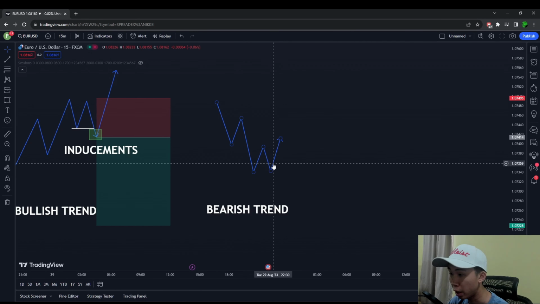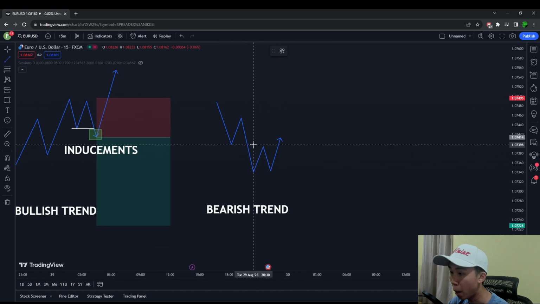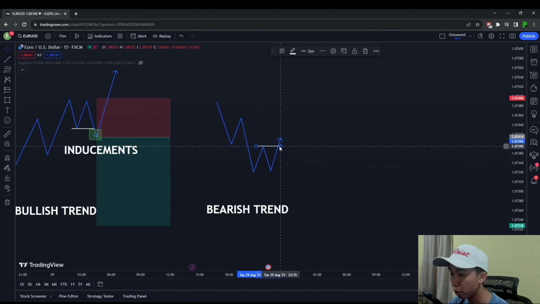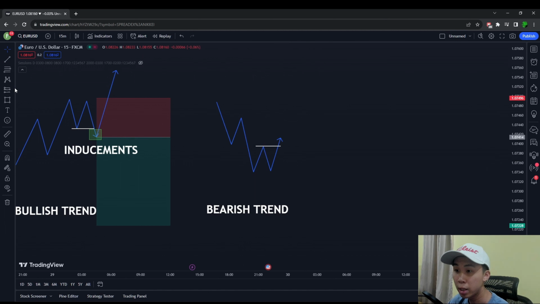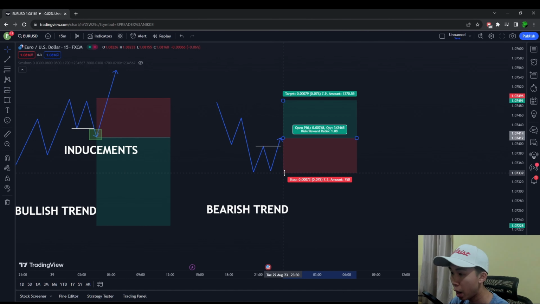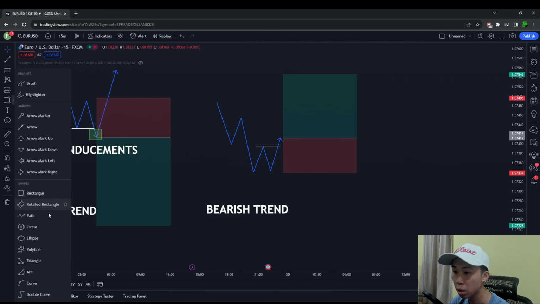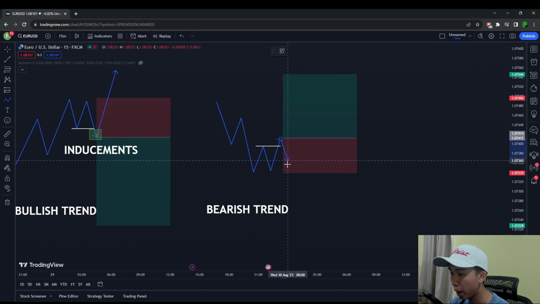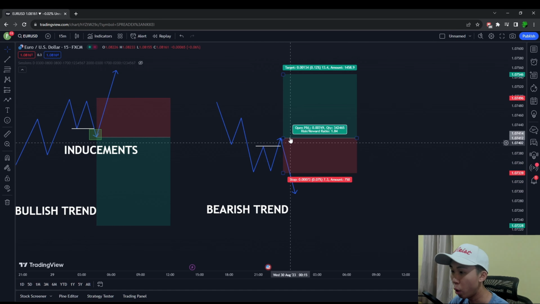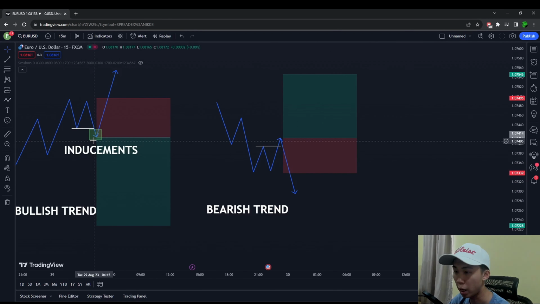So now they have seen a market structure shift over here, or break of structure, or a change in trend. They think that the trend is going to reverse, so they decide to place a buy, have their stop loss below and have their target. And what happened is it decides to come back down. So this is where we call inducements as well.